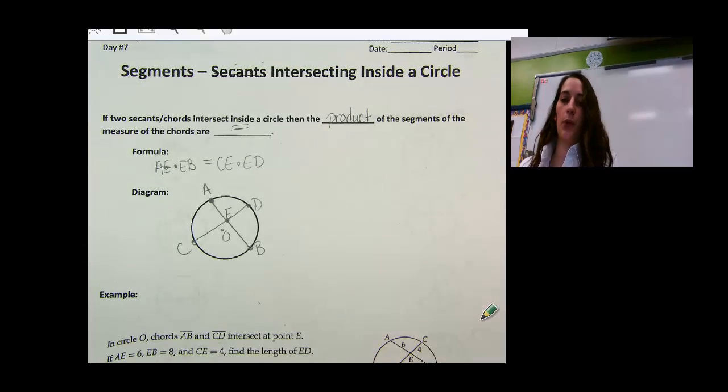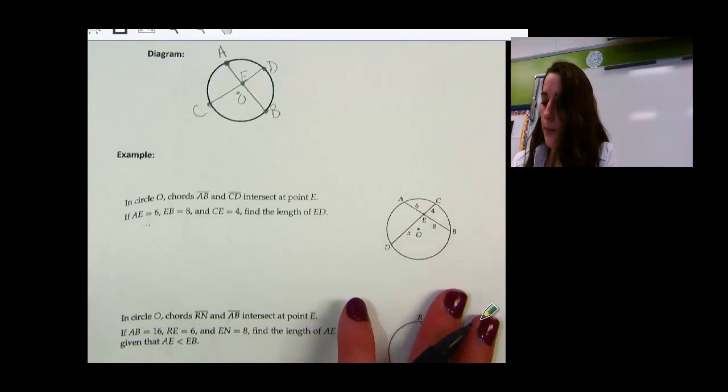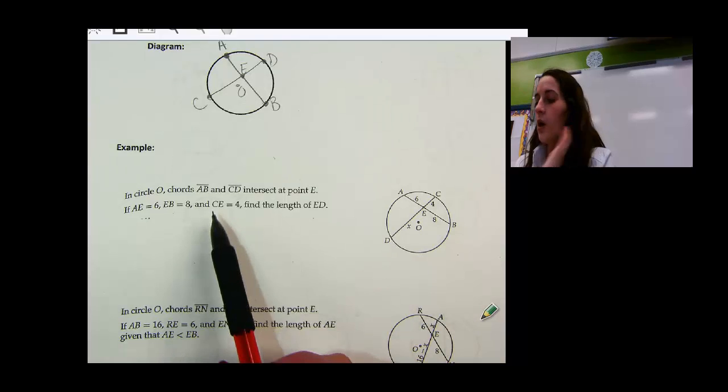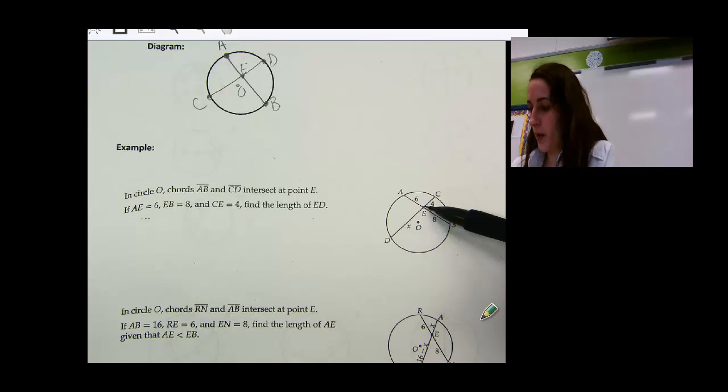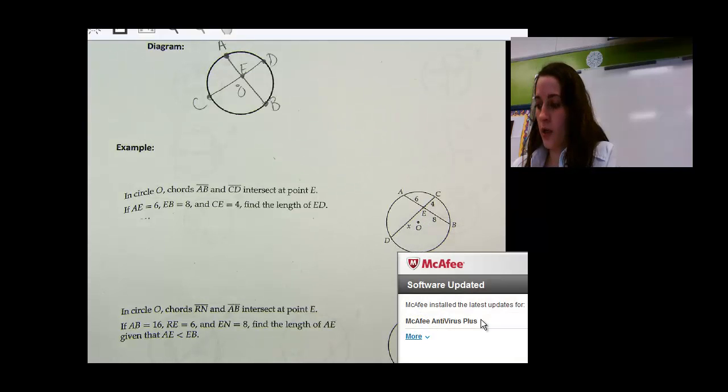So let's take a look at an example on actually how to use this in a problem. So in circle O, chords AB and CD intersect at point E. If AE is 6 and EB is 8, CE is 4, find the length of ED.